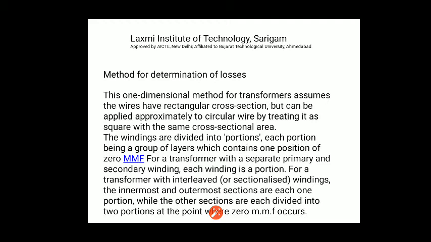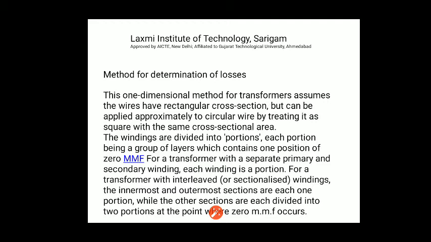The windings are divided into portions. Each portion is a group of layers which contains the position of the zero MMF of the transformer, with separate primary and secondary windings.